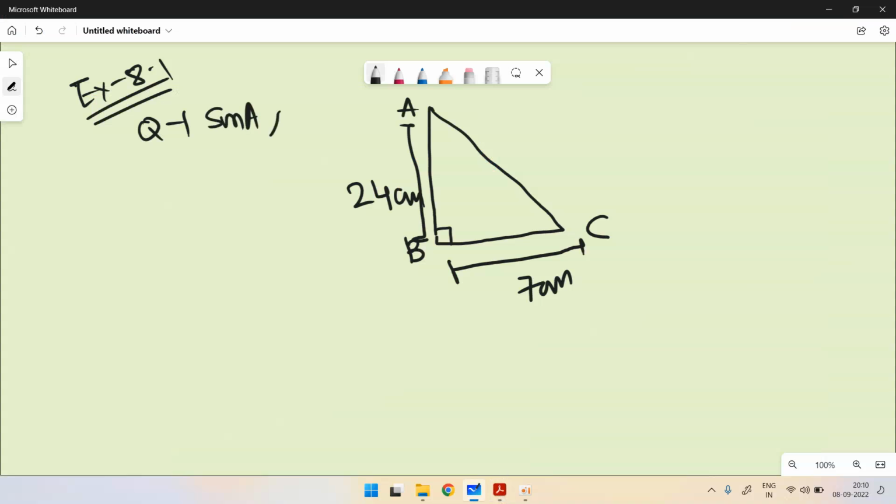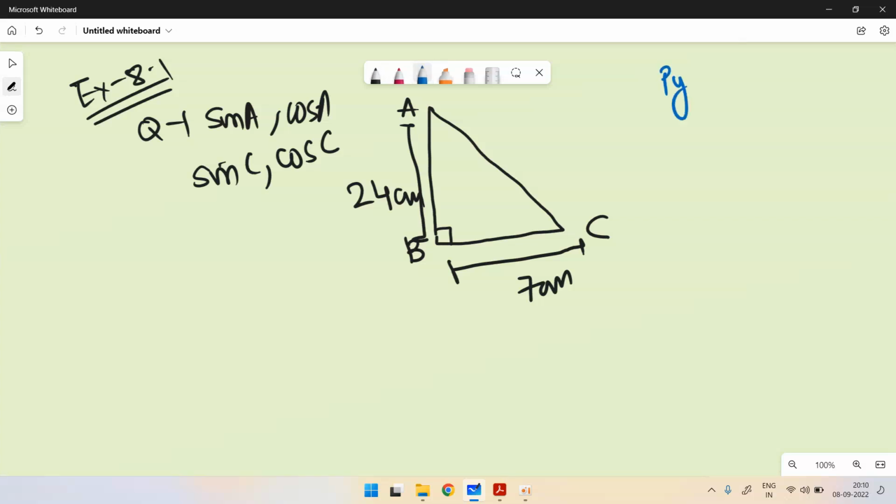Sin A, cos A, sin C, cos C. Simple. Now only one theorem I can apply, the Pythagoras theorem, which says that AC square equals AB square plus BC square.